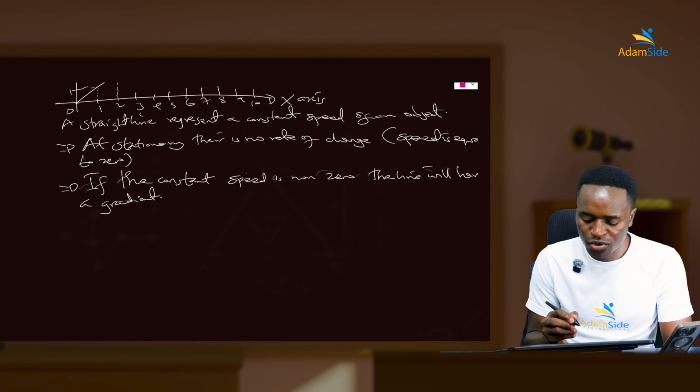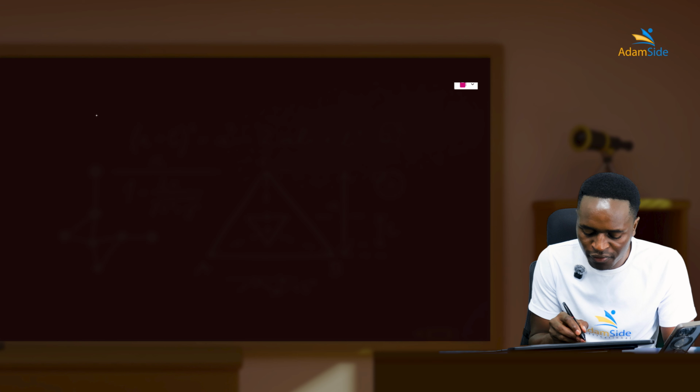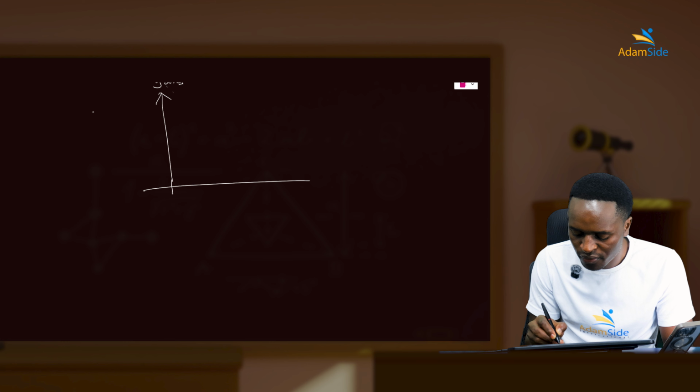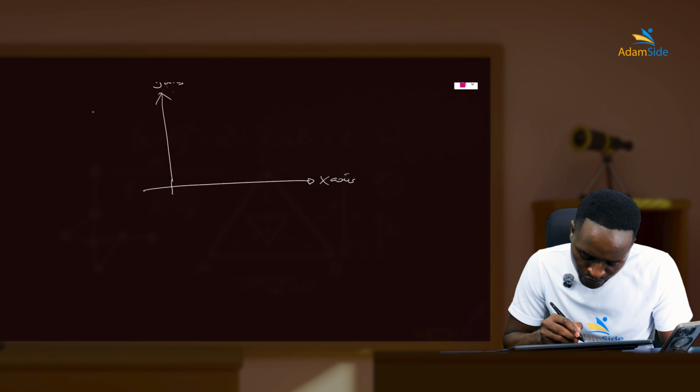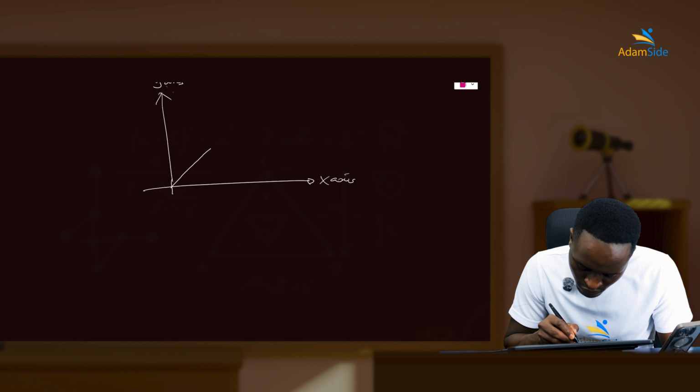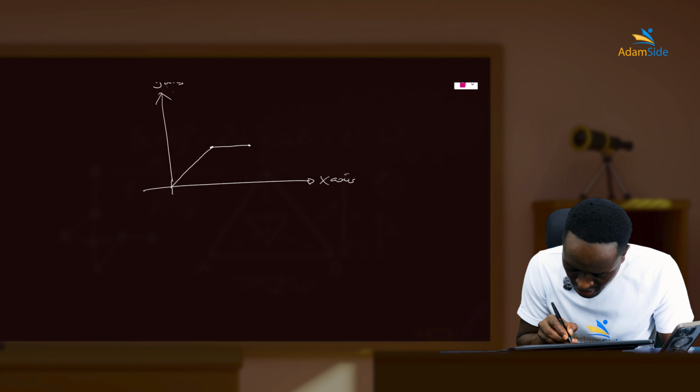We remember we talked about when you have, let's say, the y-axis, here we'll mostly be drawing the vertical axis, and then we have the horizontal axis, the x-axis. Then sometimes you might have a graph going in a specific direction to this point, and then it's horizontal, then it goes straight.